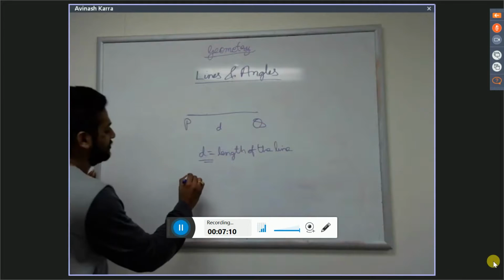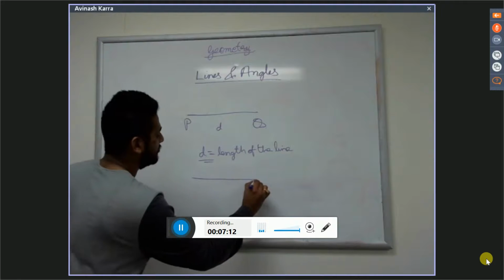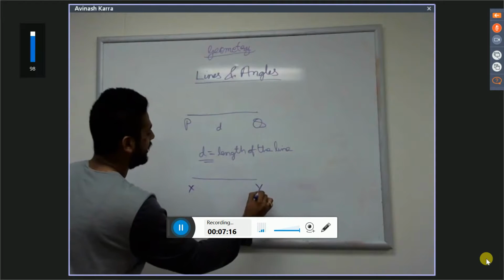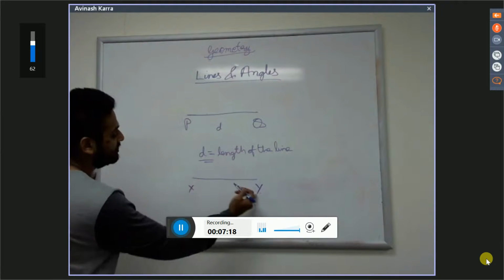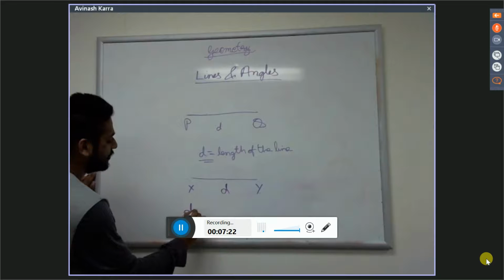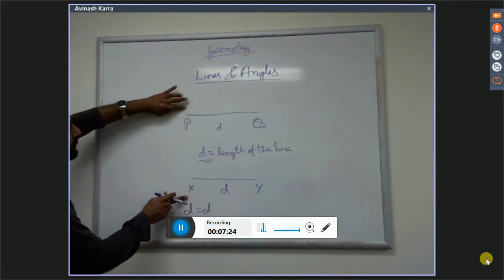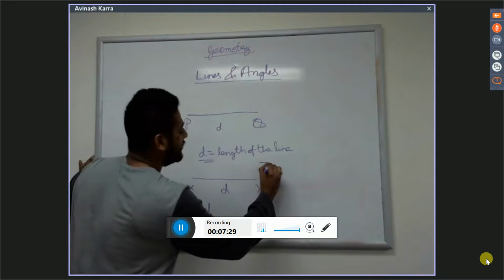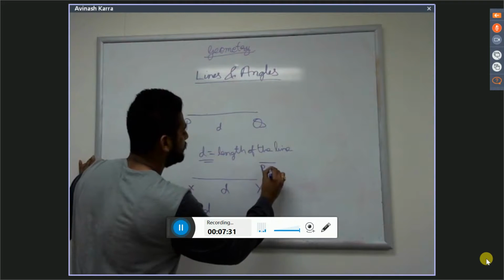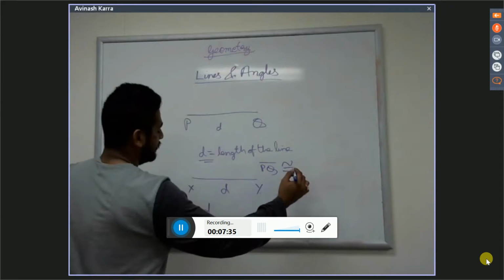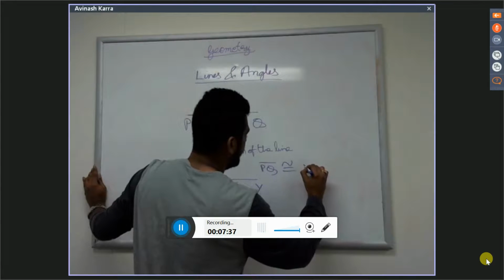If for another line segment XY this distance is also D, so D is equal to D, right? Both the distances are equal. Then line segment PQ is congruent to line segment XY.